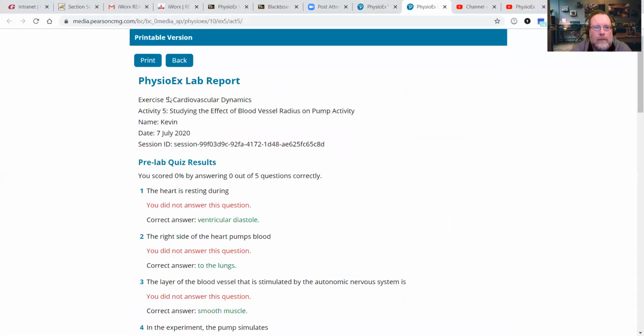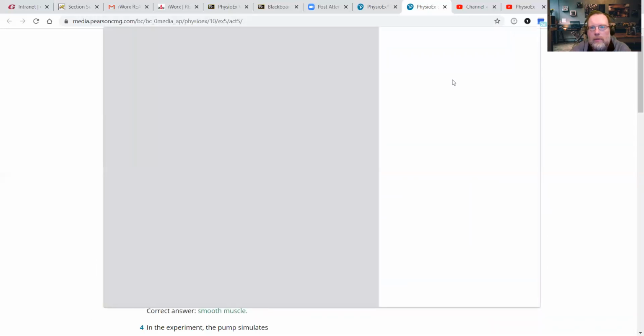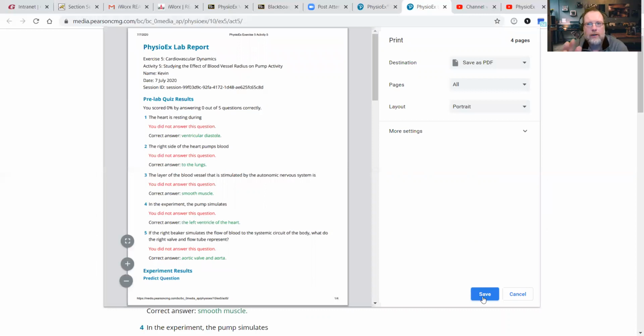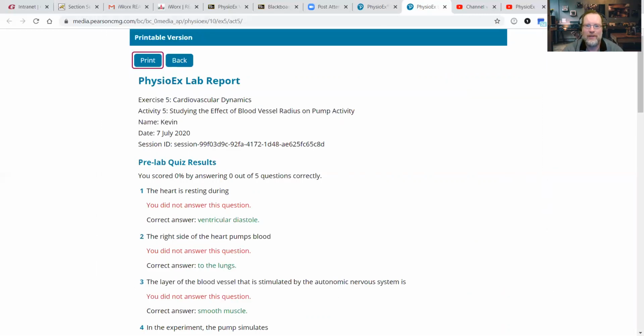Okay. Hit print. Save as PDF. Click save. Done. And then you've got another PhysioEx complete, and only a couple more activities left in exercise 5.